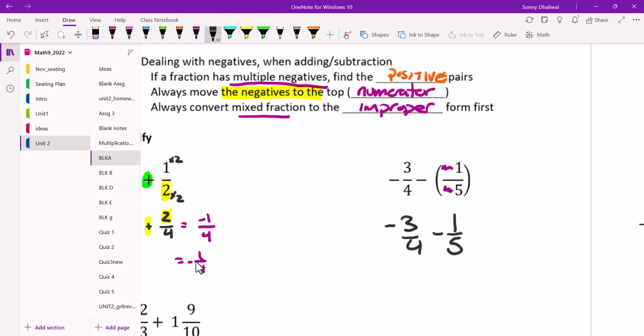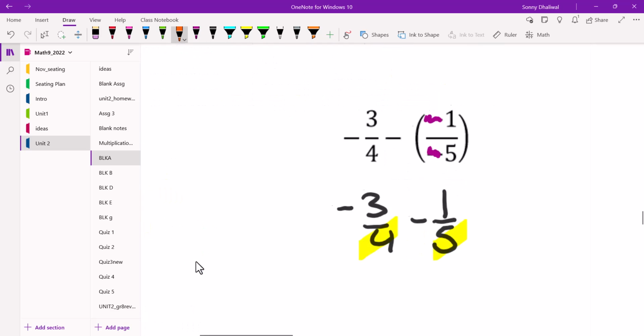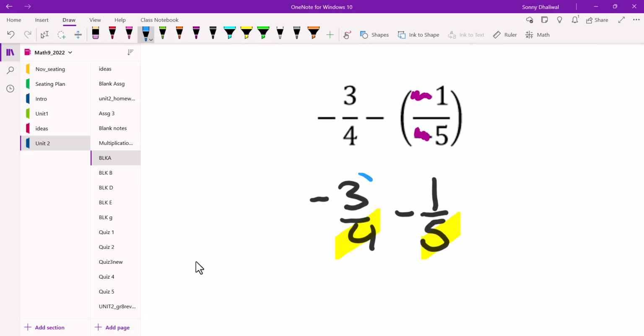So now going forward, we can't combine these together because they're out of different parts. So we need to make them out of the same part. Our denominators are 4 and 5. What's the common denominator, Damien? 20, right? So to turn the first number into 20, we have to multiply the top and bottom by 5, and the other one, top and bottom by 4.